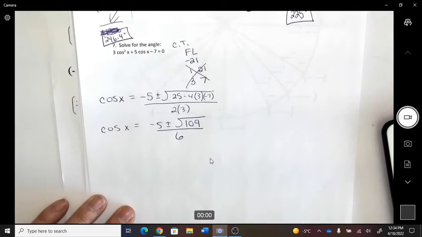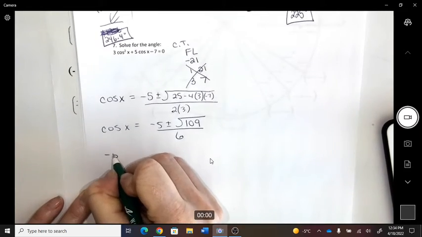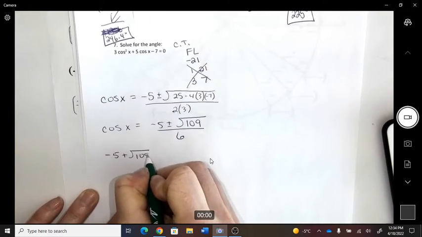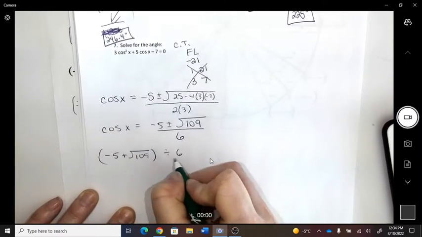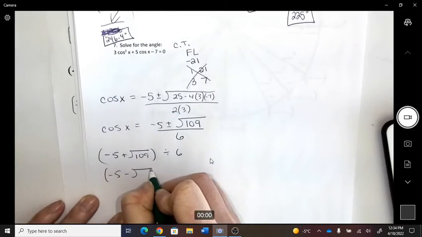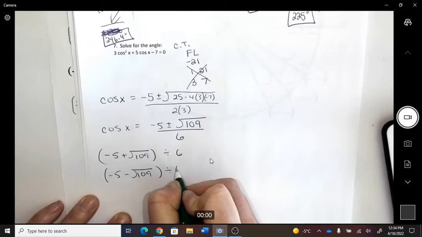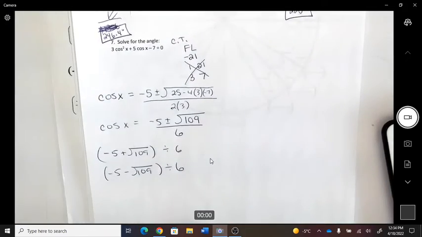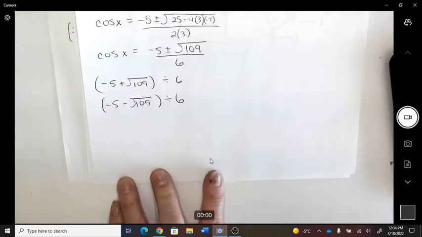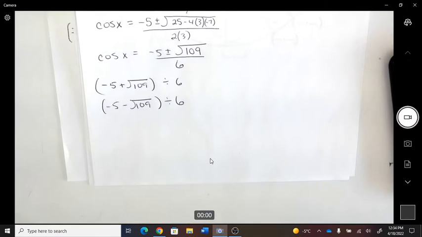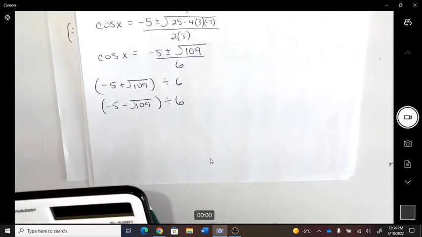Okay, so we're going to be going into our calculators here, and remember what it looks like in your calculator. Okay, do you remember that? That's what it looks like, and you'll have to do it twice. And brackets would be important, or else it'll mix up your order of operations on you.